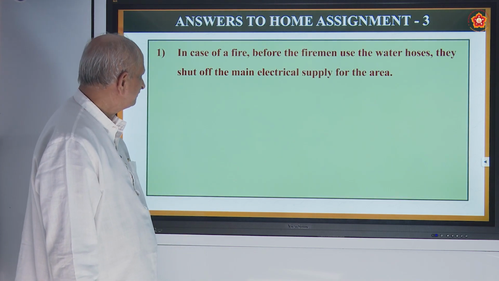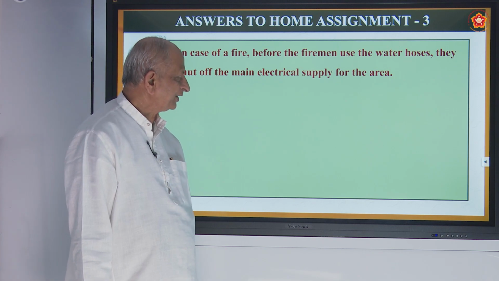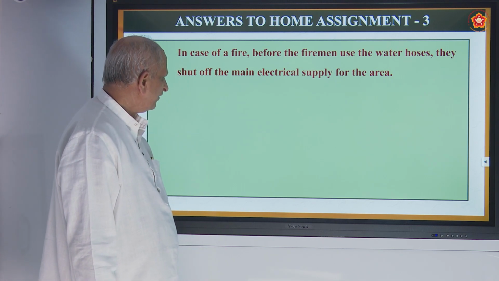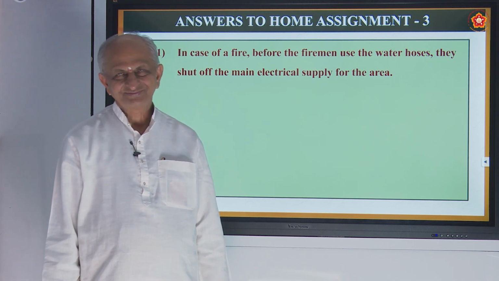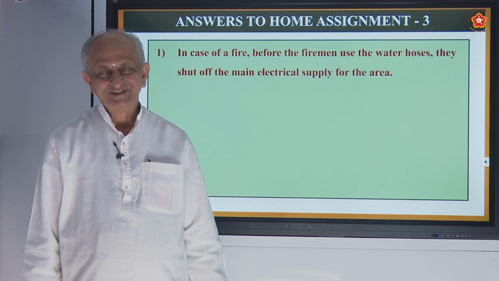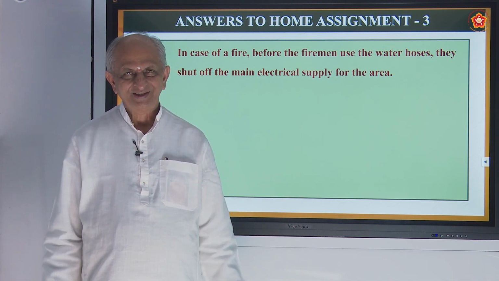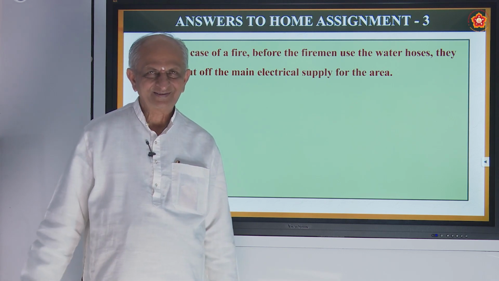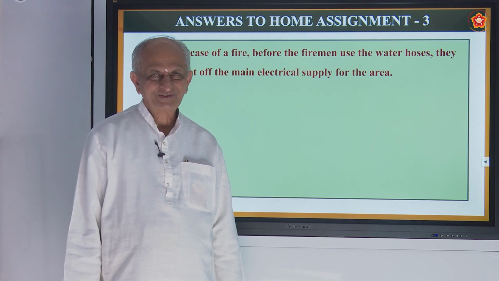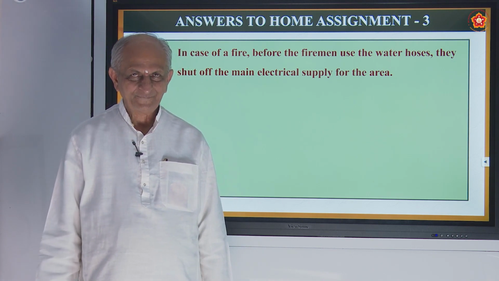Okay. And now let us see the home assignments. First question. In case of a fire, before the firemen use the water hoses, they shut off the main electrical supply for the area. So if you see some fire, usually what will the people do? They shout. They become emotional. They run here and there. Of course, clever people will immediately call for the fire people.